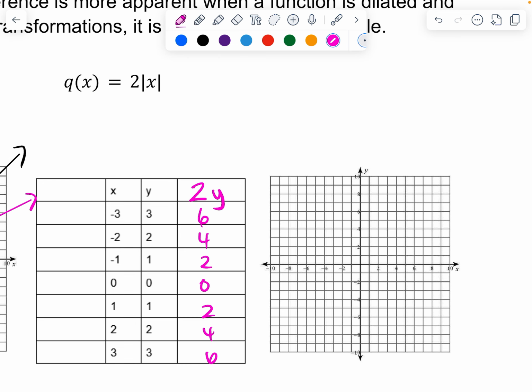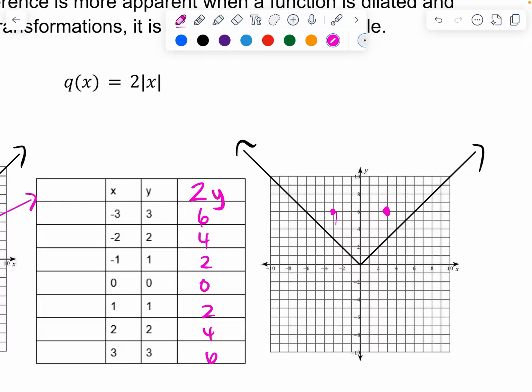Okay? I'm going to do the parent graph. And again, one of the two lines I always do a different color. So negative 3, 6. And 3, 6.